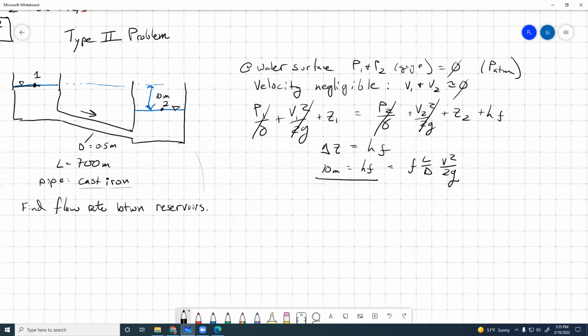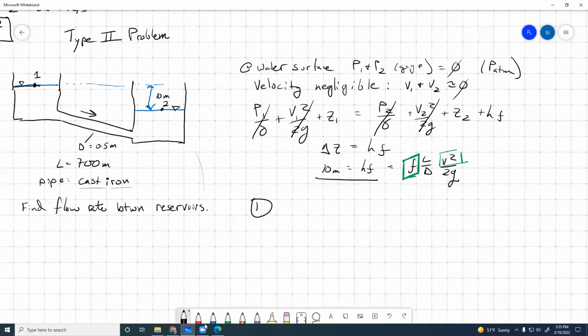What we end up having to do is solve for two unknowns. F is an unknown and V is an unknown. So two unknowns means we need two equations, right? Our first equation, we can just base it off of this, so we'll just say equation one.